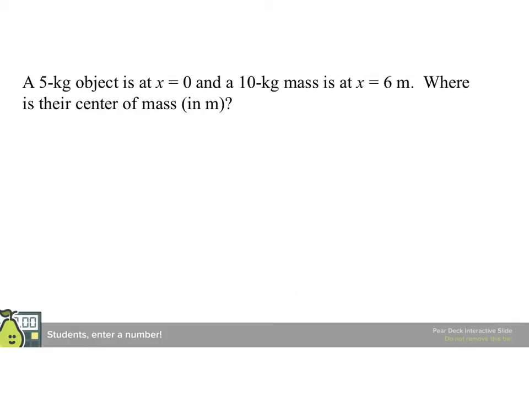All right, a 5 kilogram object is at x equals 0, and a 10 kilogram mass is at x equals 6. And we want to find where is their center of mass. Here I'll draw this bigger to say that it's more massive, but remember these are really being treated as point particles.